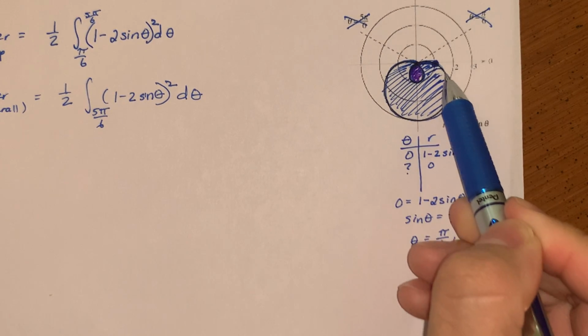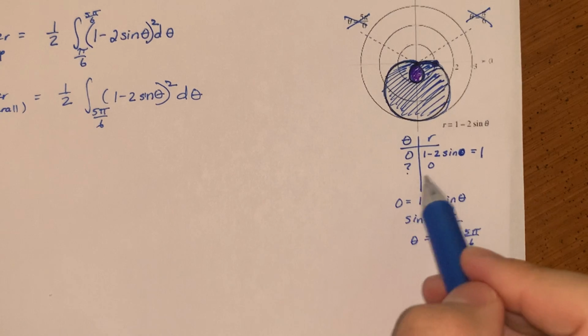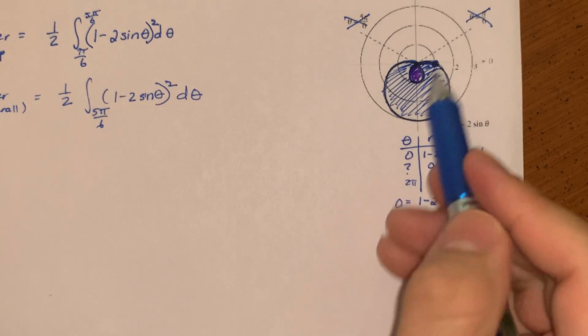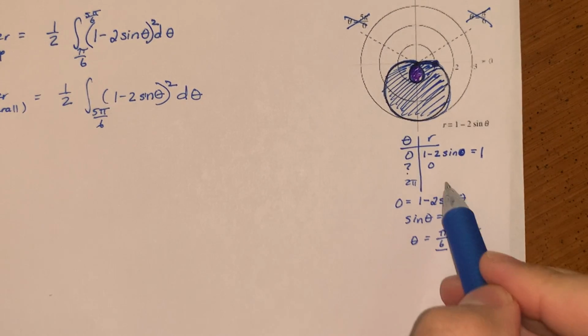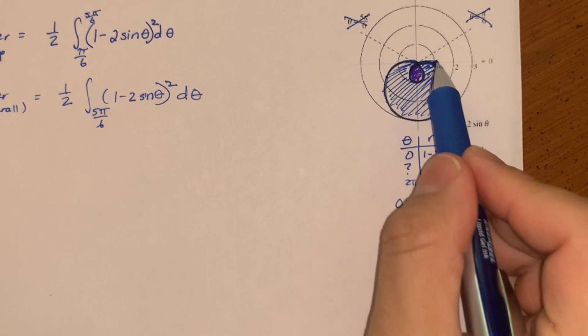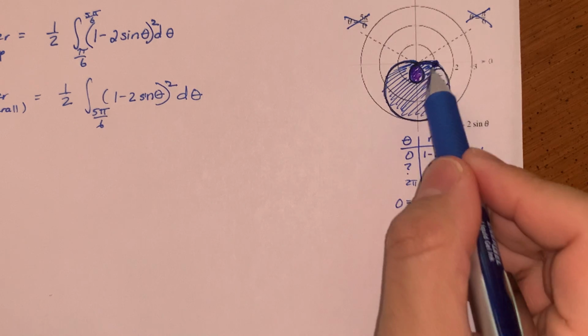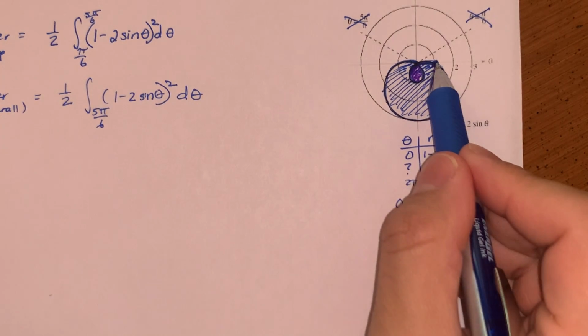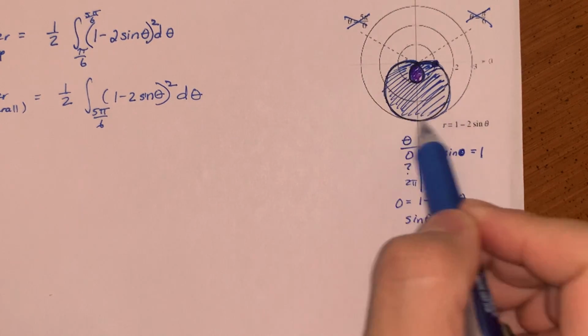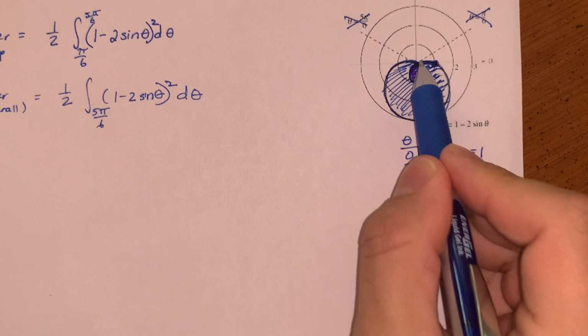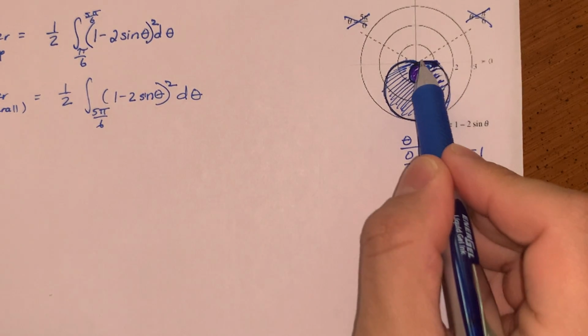And then once we get to 2 pi, it's going to bring us back to right there. So really, that's not going to give us all of the area that we're looking for. The completion of the outer loop is going to go just a little bit further, into yet another pi over 6.